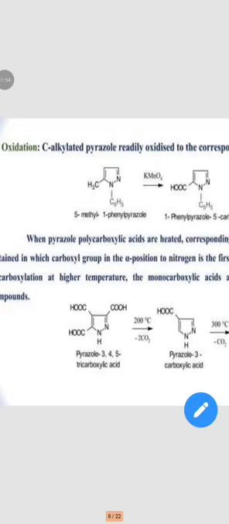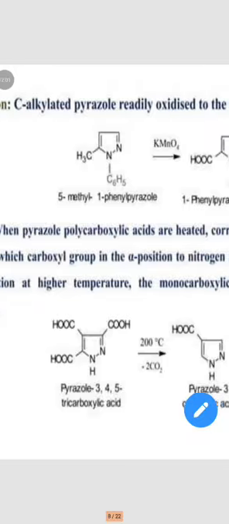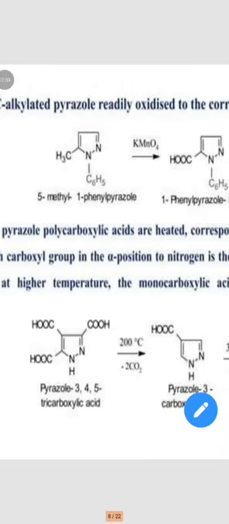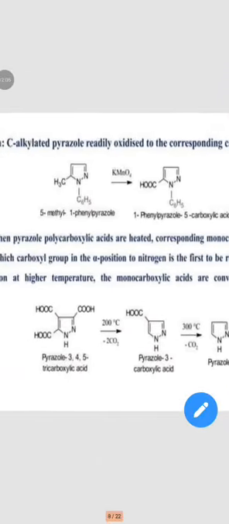Then the fourth reaction is oxidation. Carbon-alkylated pyrazole is readily oxidized to the corresponding carboxylic acid.